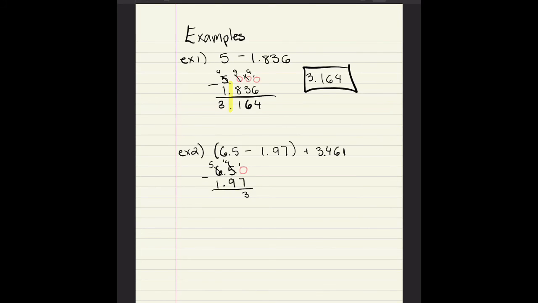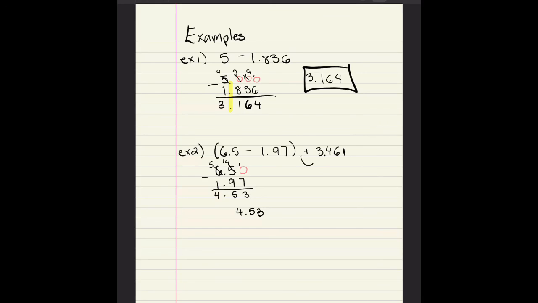This is supposed to be 14, there we go. 14 minus 9 makes more sense. 14 minus 9 is 5. Bring our decimal down. And 5 minus 1 is 4. So I'm left with 4.53.